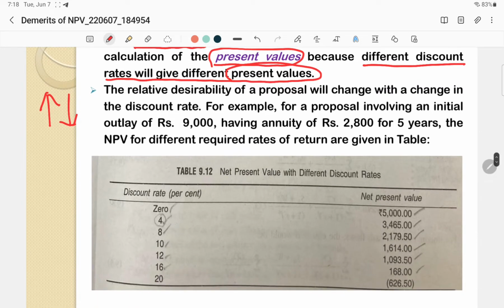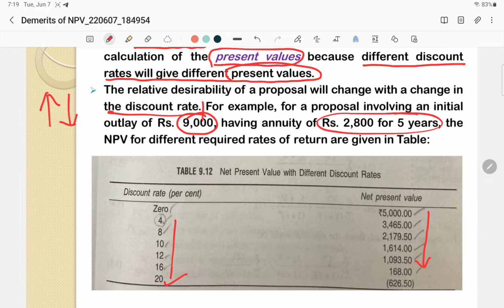So, due to the increase in the discount rate from 0 to 4, 8, 10, 12, 16 and 20, there will be a decline in the NPV of a project. So, point is that the relative acceptability, desirability of a project will change with a change in the discount rate. In this example, a proposal having initial investment of rupees 9,000, having annuity of rupees 2,800 for 5 years.